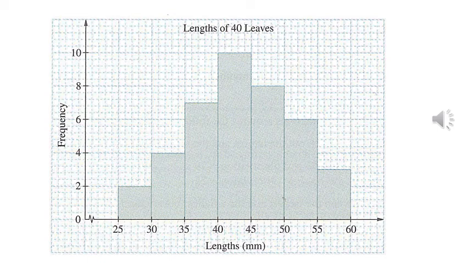And the height of the second class, 30 to 35, is 4 because the frequency of this class is 4. Similarly complete all the bars. Our last class is 55 to 60 and its height is 3 because its frequency is 3. This is our histogram for grouped data.